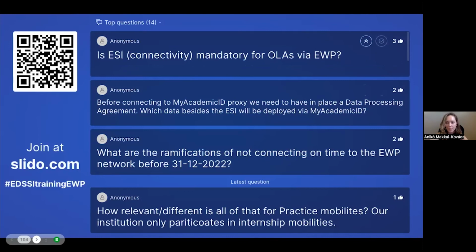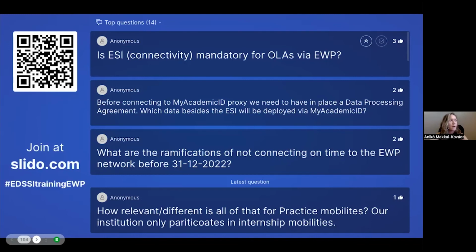Is ESI mandatory for OLA via EWP? Well, it is not mandatory on paper, right? But how else would another partner identify the student if there is no unique identifier? So this is why it is basically an important element.